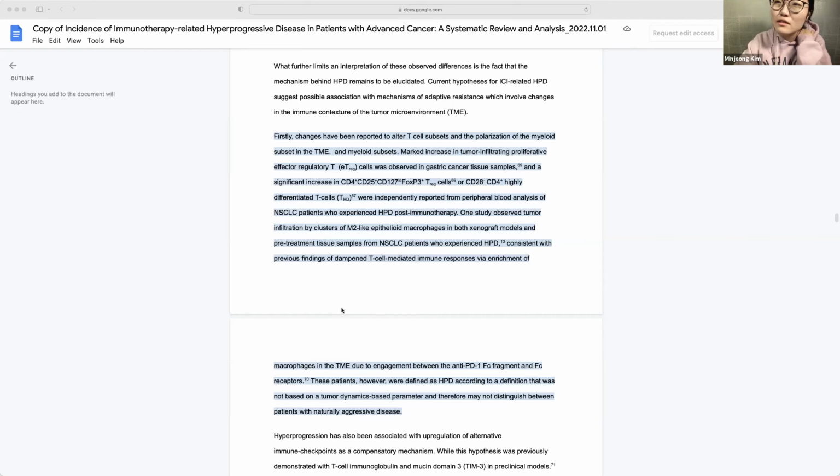Because when I looked at the papers that used this definition, more than relying on the tumor growth size changes, I think they relied on the other clinical factors like ECOG and so on. Okay, then I think your criticism is valid. And I think it's okay to leave it like that. Yeah, let's just leave it as is.